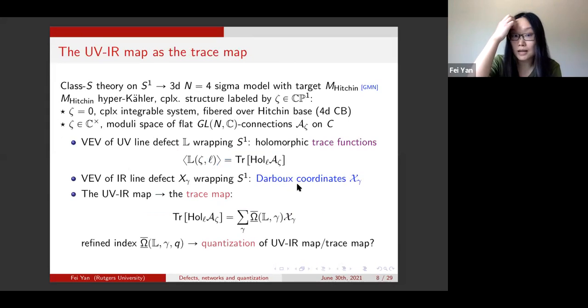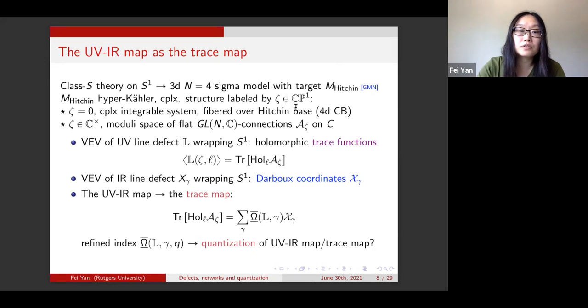But before that, let me make the connection to Hitchin systems, which has appeared in many other people's talks. To make the connection, we put the class S theory on a circle. At low energies, reducing on the circle, you get a 3D N=4 sigma model with the target space being the moduli space of solutions to Hitchin's equations. This moduli space is hyperkähler, so it has a full CP1 family of complex structures labeled by zeta, which is exactly the same parameter labeling the preserved supercharges for the lines in the class S theory.